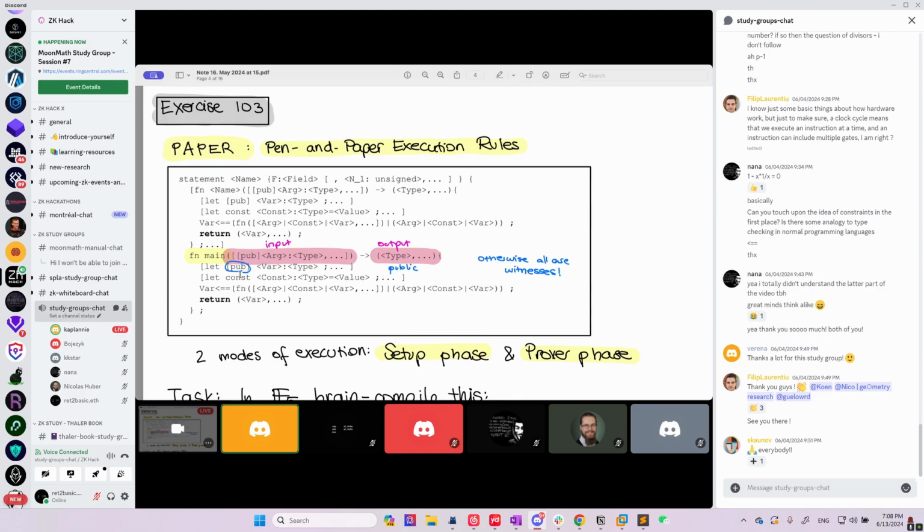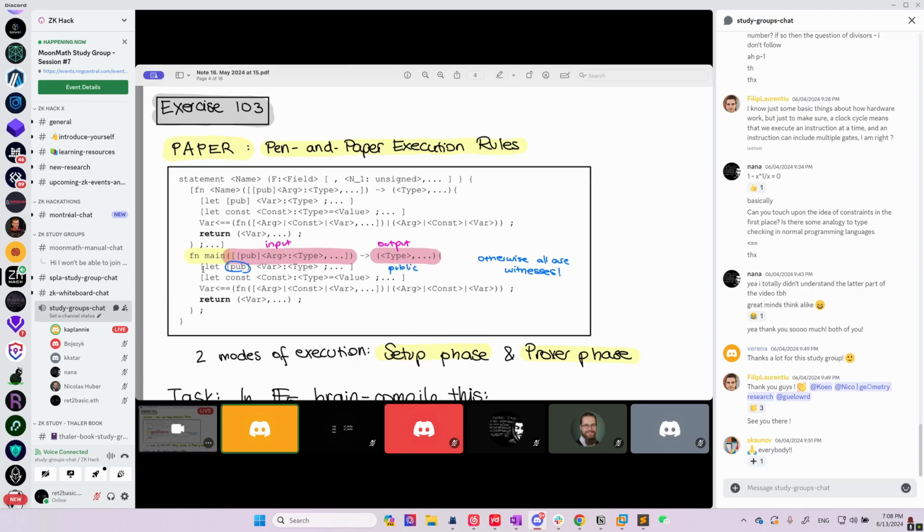So let's look at the idea. Here's how you would call your statement. Here's the name of it. Then you're going to write down the field that you're going to be in. And then we have the main function, which will take inputs here. So you will have inputs here and you will have an output.